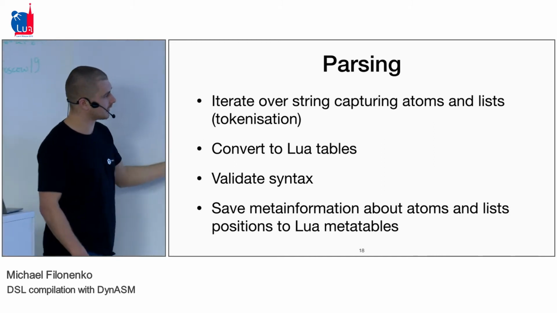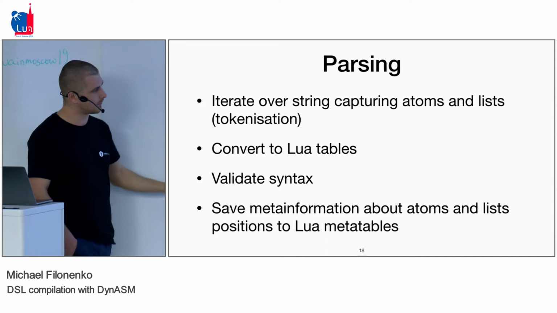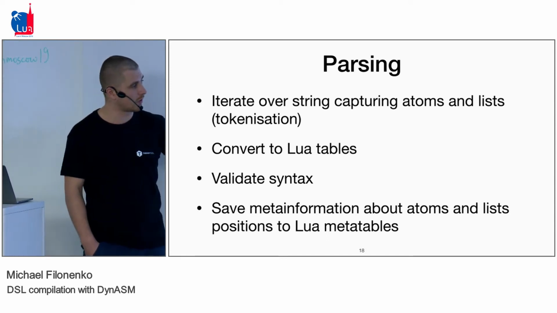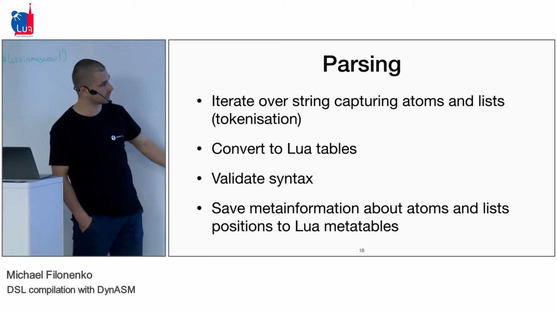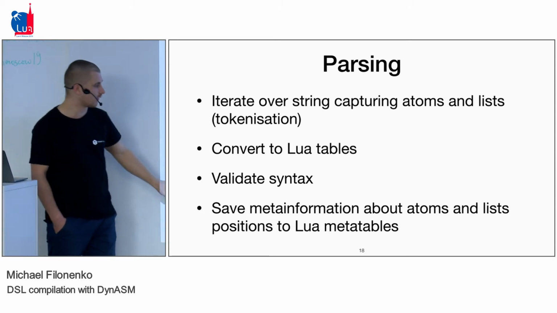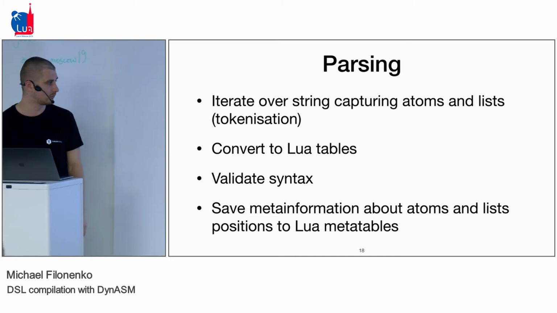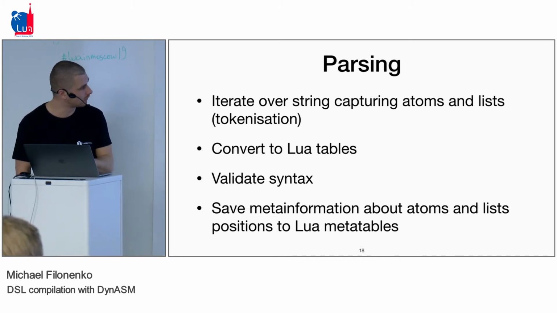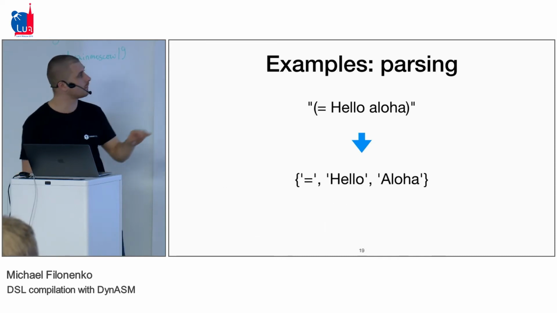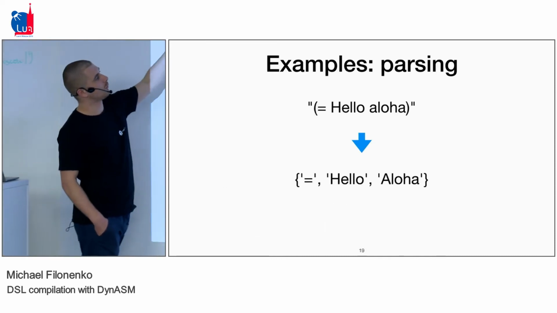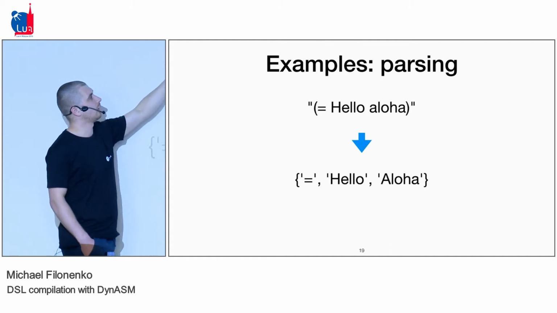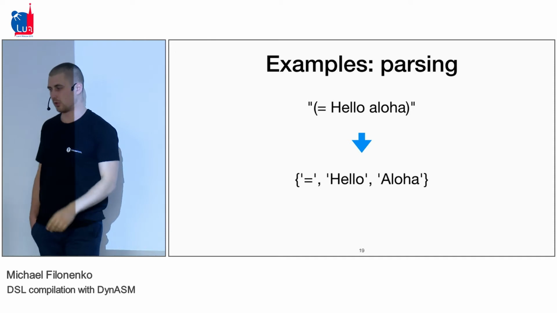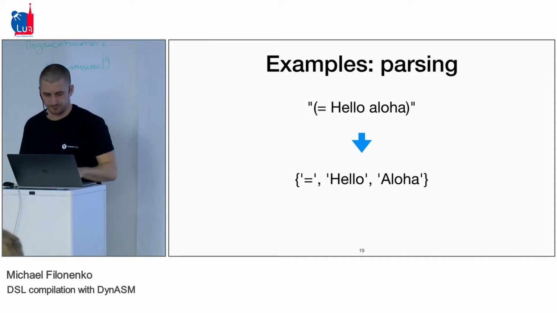I validate syntax also at this step, and it is really easy to save meta information about the query source string using Lua meta tables. Meta information to meta tables. It's logical. For example, an S expression with symbol equal, hello symbol and aloha symbol will be translated to a simple Lua table.